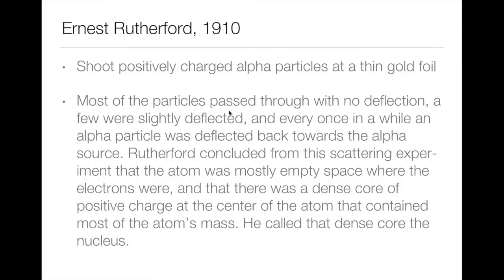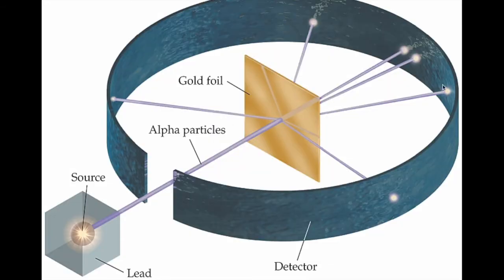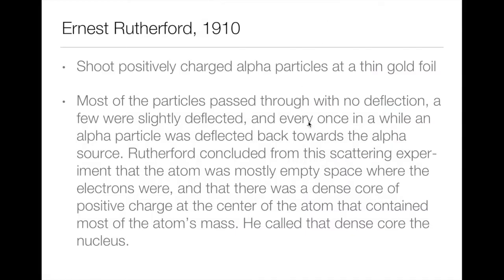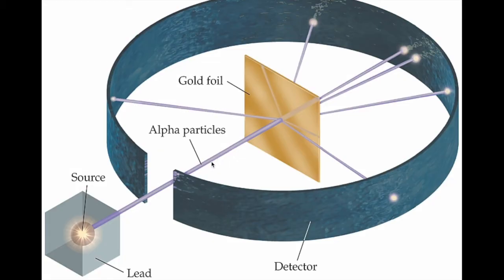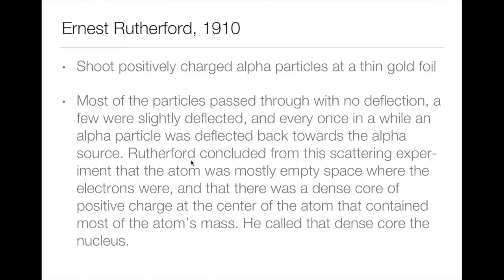A few were slightly deflected here, and every once in a while an alpha particle was deflected back towards the alpha source, here or here. Rutherford concluded from this scattering experiment that the atom was mostly empty space, where the electrons were, and that there was a dense core of positive charge at the center of the atom that contained most of the atom's mass. He called the dense core the nucleus.